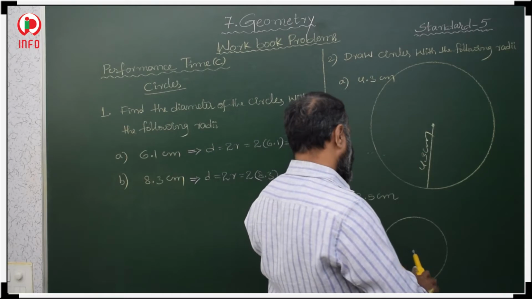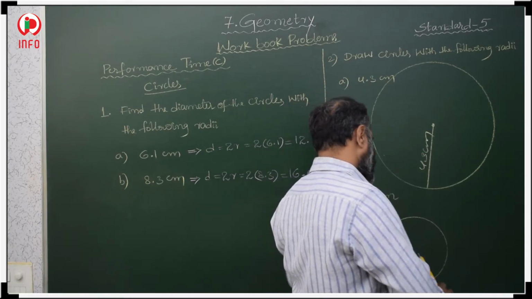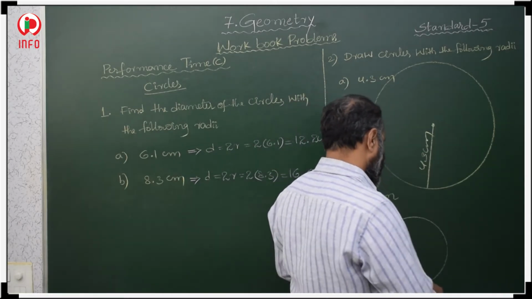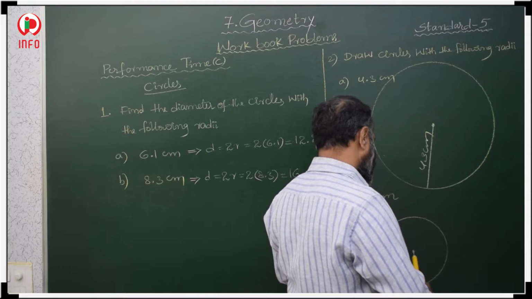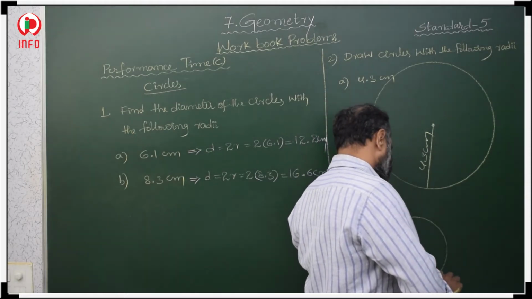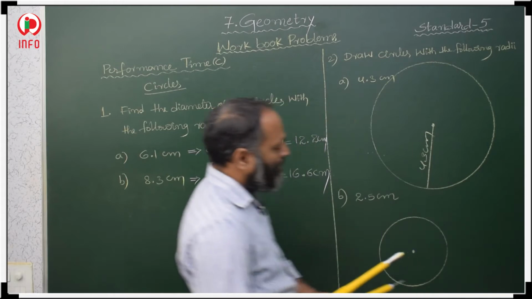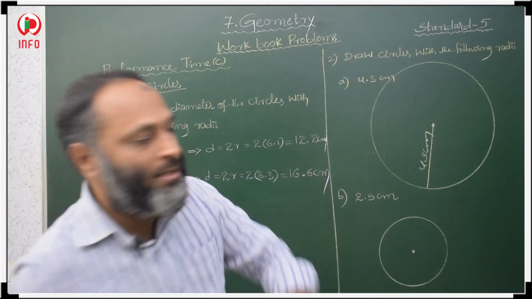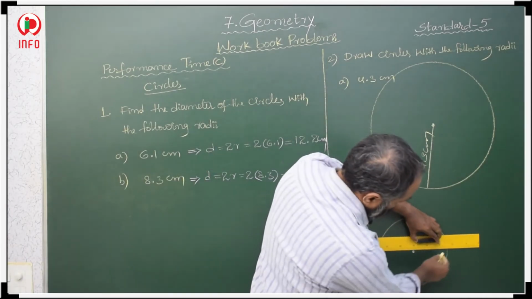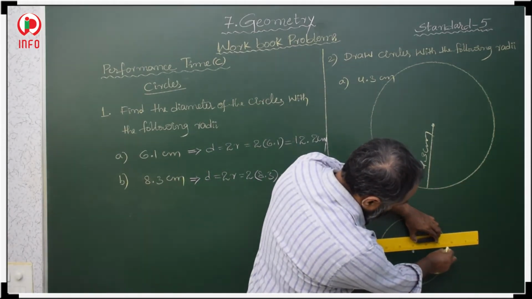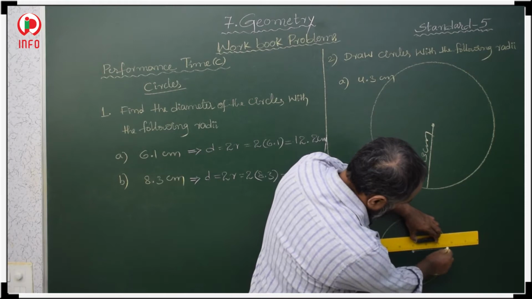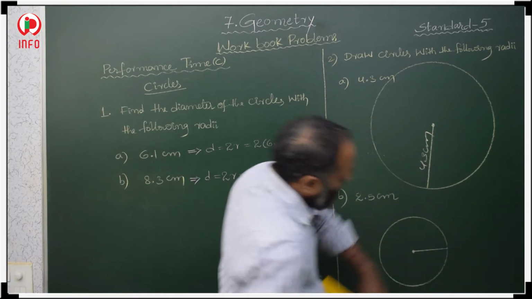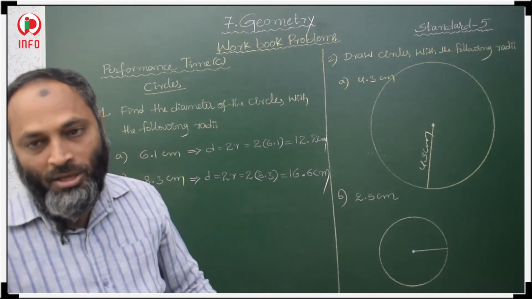Then you will form a circle of radius 2.5 centimeters. After that you check your radius length, then exactly you will get 2.5 centimeters radius.